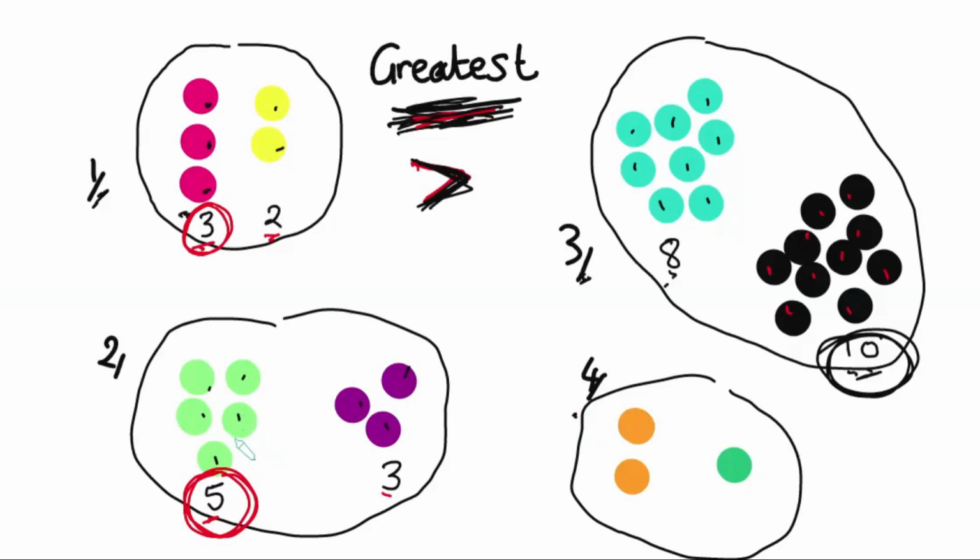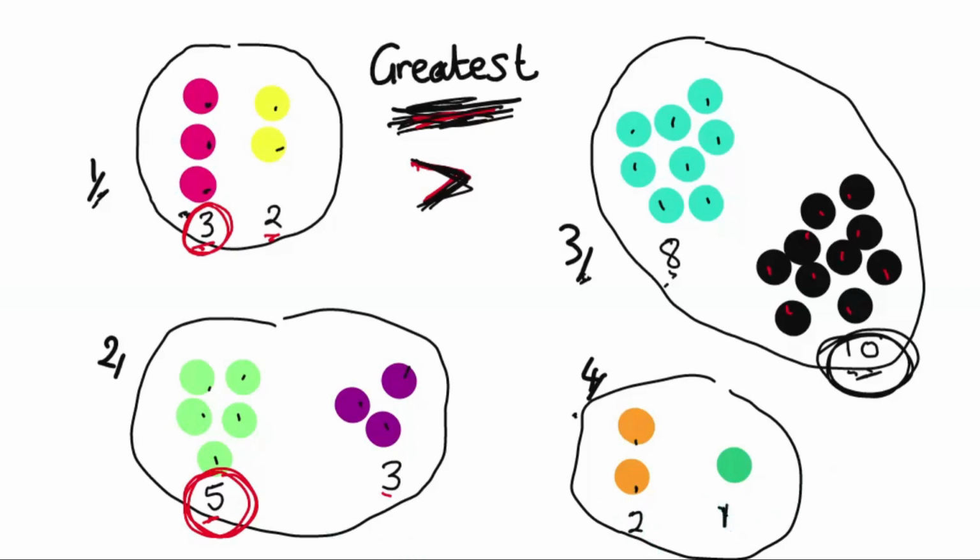I think you can work this out just by looking. Which colour has the most dabs? Which colour is the greatest? Let's count them up. 1, 2. So we have 2 orange dabs. How many green dabs? We have 1 green dab, of course.